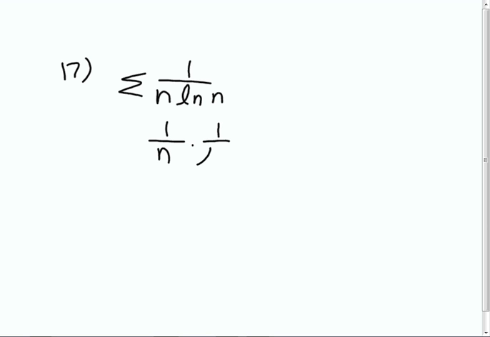Number 17? I would like to compare it, but I don't think I can. I could argue it, but I can't really use the p-series, because you really have 1 over n times 1 over the log of n.